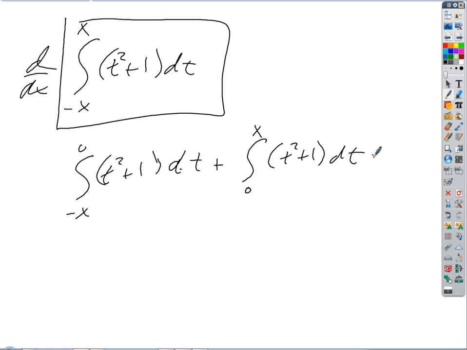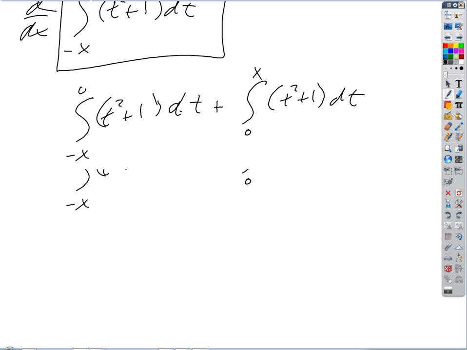And this one right here, we could instead just add the area up backwards and make it negative. Remember that rule? We add up area from left to right as positive and right to left as negative.